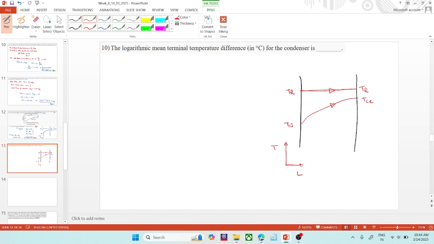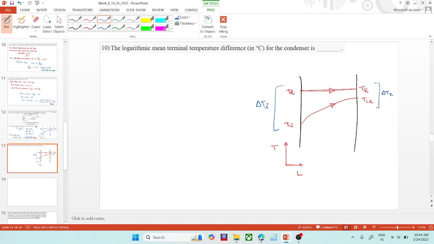In the calculation of the logarithmic mean temperature difference, we have to determine the temperature difference at the inlet and the temperature difference at the outlet. This temperature difference is called delta Ti, and this temperature difference is called delta Te.